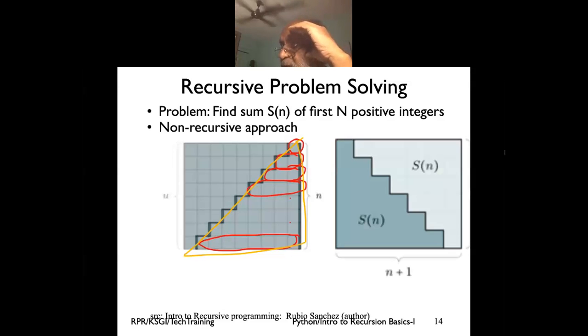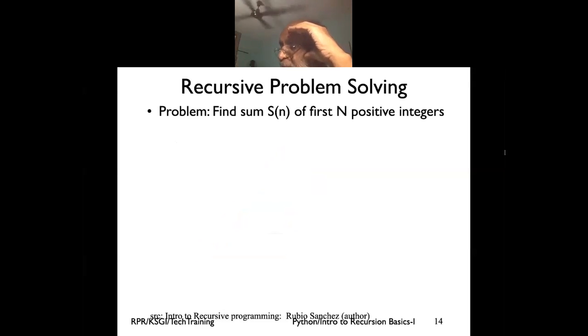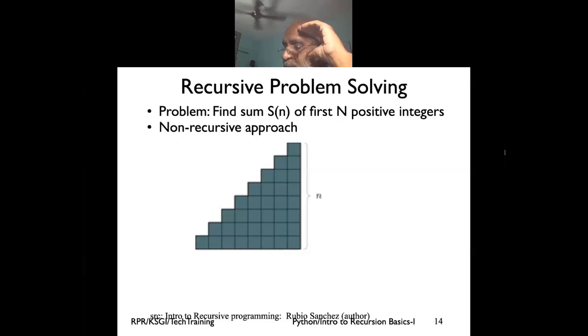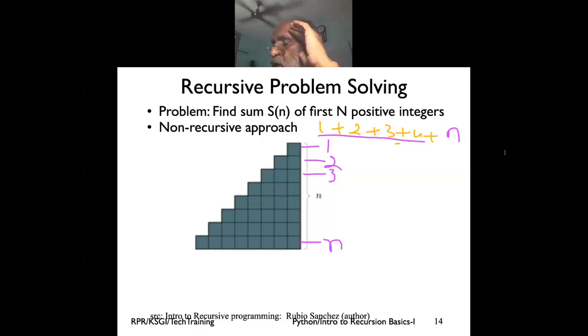Tell me, Abhiram, what is the question? I'm saying n. Look at it. So I need to count 1 plus 2 plus 3 plus 4 up to n. So this is 1. This is 2 squares. This is 3 squares. And this is n squares. Is that okay, Abhiram? If I count the total number of squares, that will give me the answer of the sum.